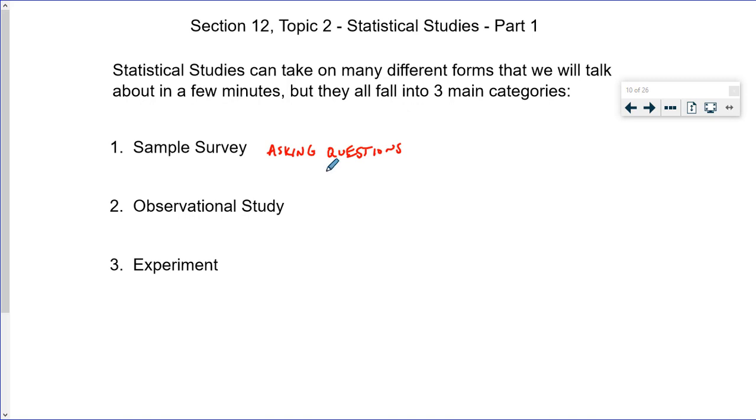Well, what you could do is look at the data that already exists, and you could just start collecting that data by looking at it, and you would just count it up. But the big thing here with an observational study is we are looking at data that already exists.